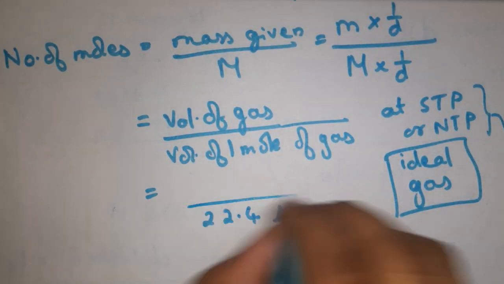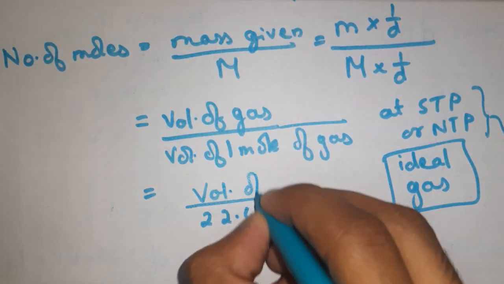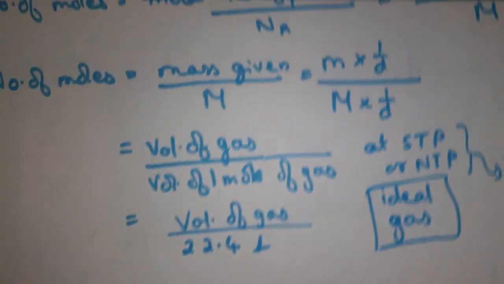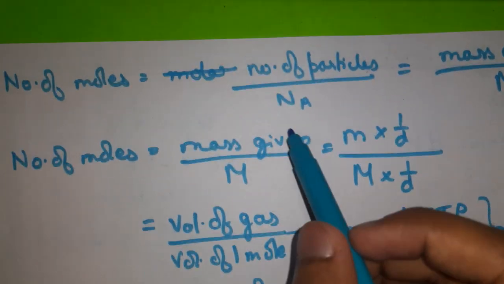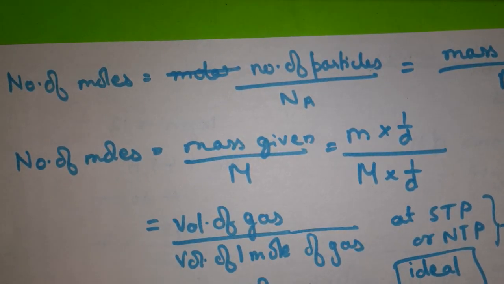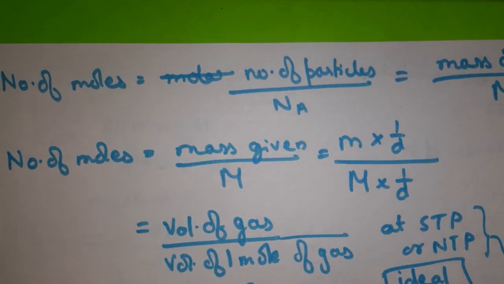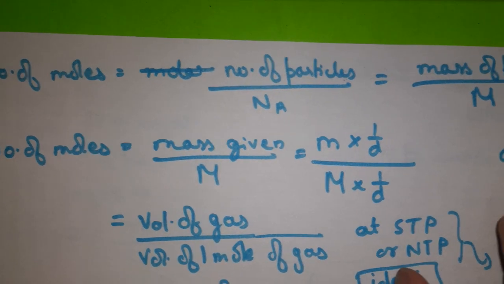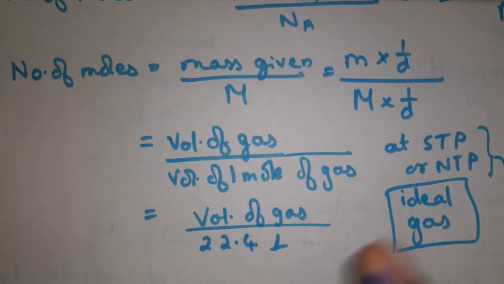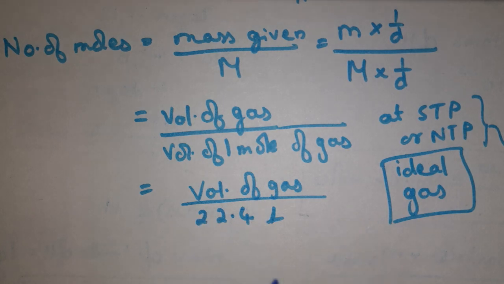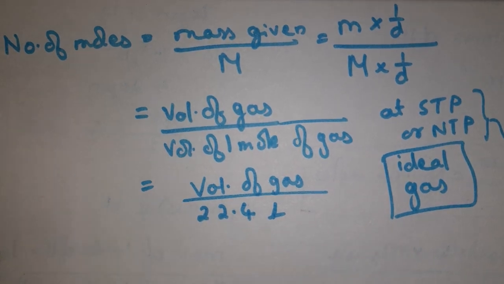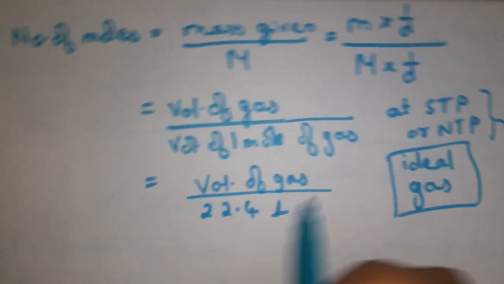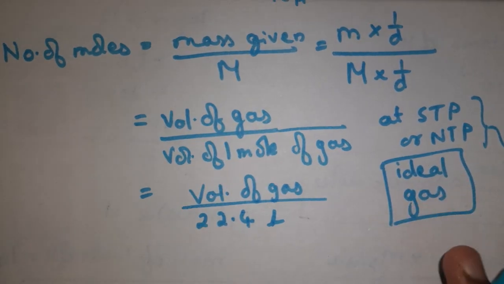So we already know this volume, but the volume of any liquid or any solid will differ, right? Volume of 1 mole of anything would differ, and that's why I think we use this formula only for gases and not for any other substances, because it becomes easier for us to work with this, right?